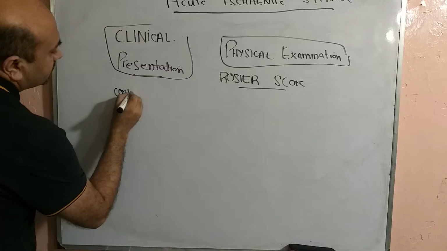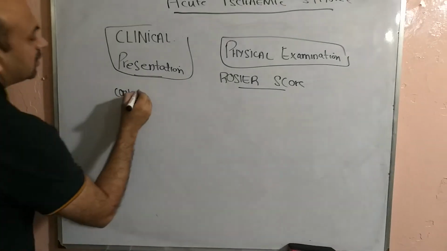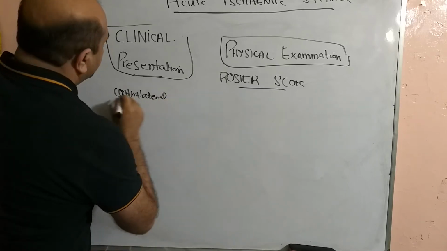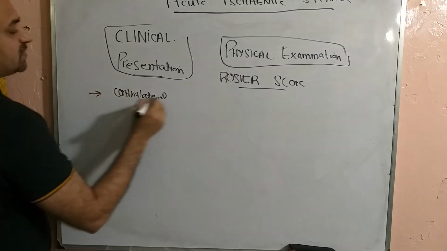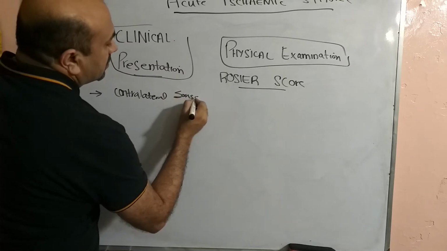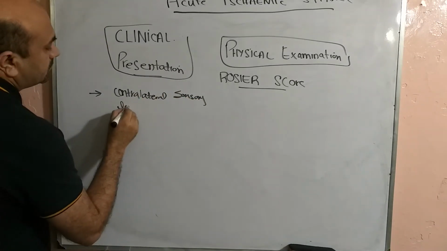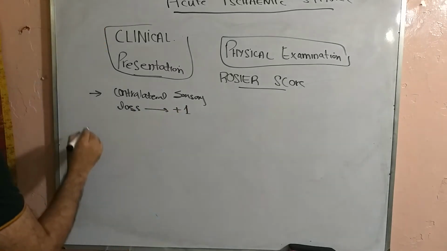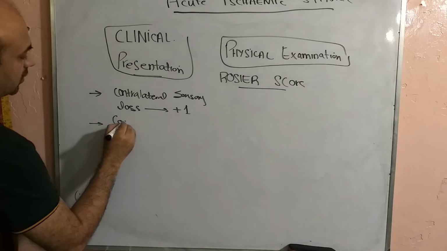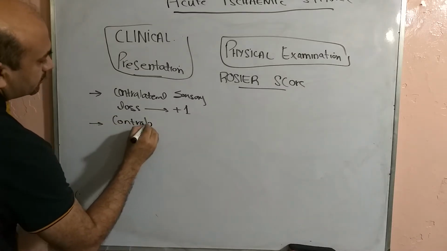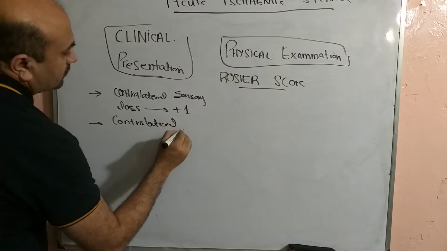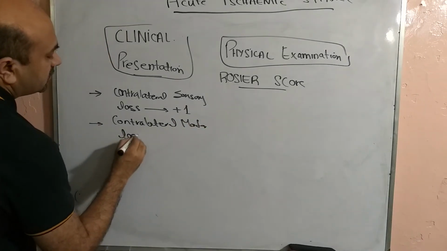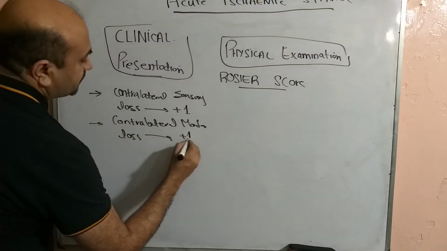Now we are checking the patient. Contralateral sensory loss is given +1. Contralateral motor loss is given +1.